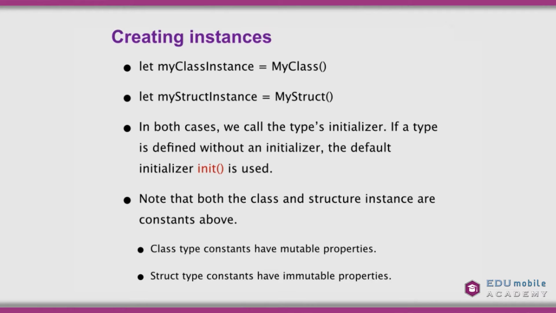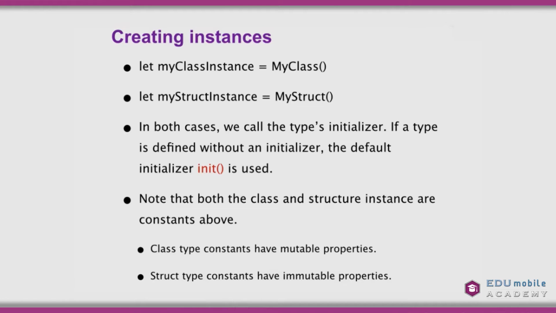So how do we instantiate? Well, if we have a class, we say let or var myClassInstance equal MyClass with parentheses. If we have a struct, we say let myStructInstance equal MyStruct with parentheses. In other words, the initialization or the instantiation is the same.